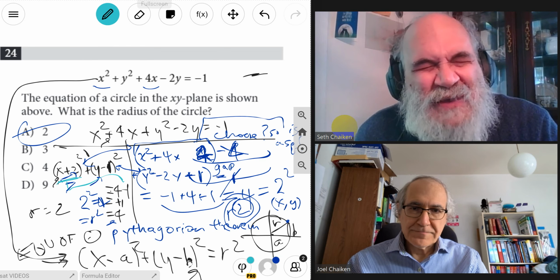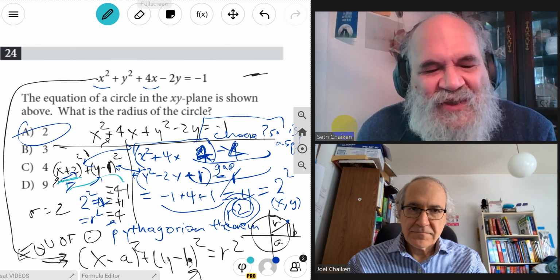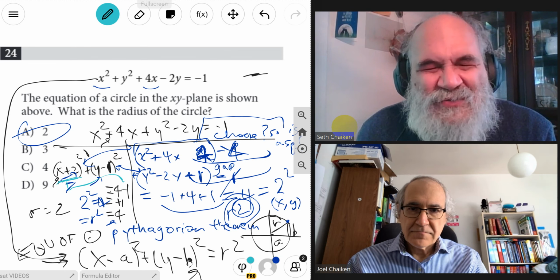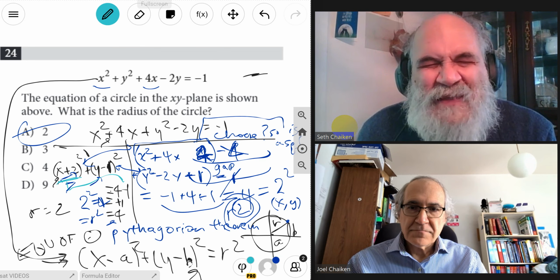Add up the modifications, put them all on the right hand side to get the square of the radius. Figure out what the square of the radius is, take the square root, and then that's the answer.